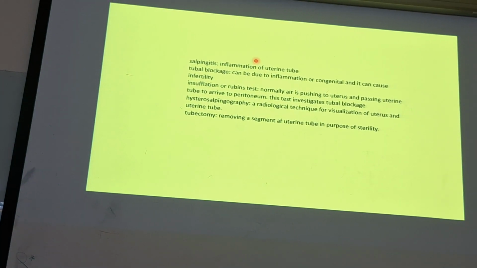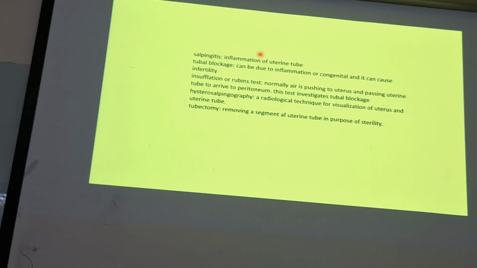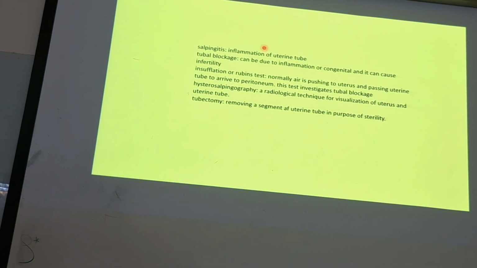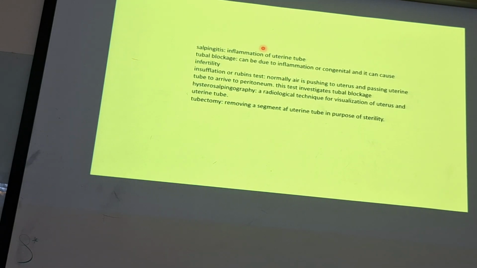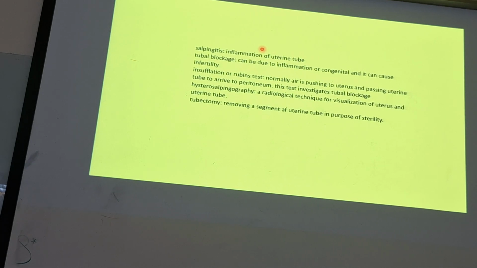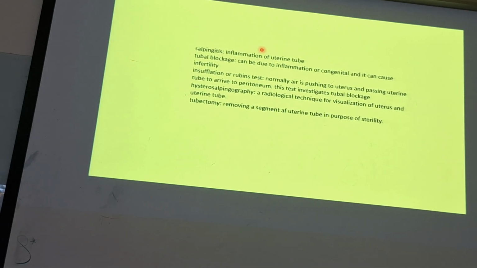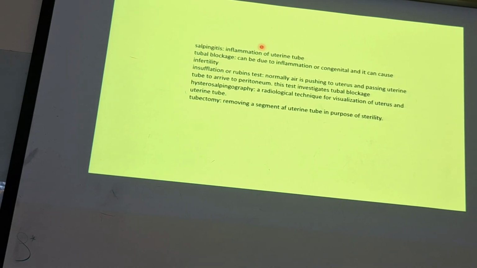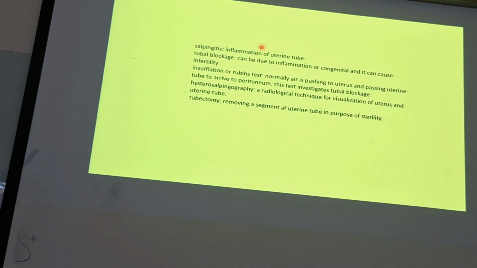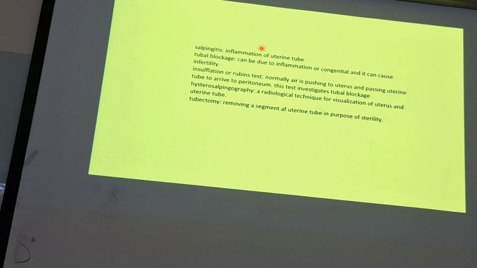Tubal blockage occurs when any inflammation makes a constriction in the tube. This inflammation can be congenital or can be acquired, okay? Because of any bacterial or fungal inflammation, or also it can be congenital inflammation.